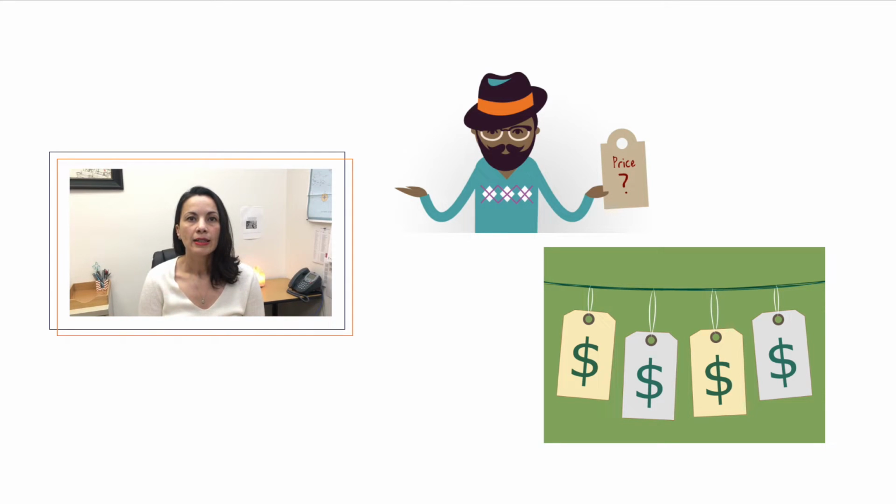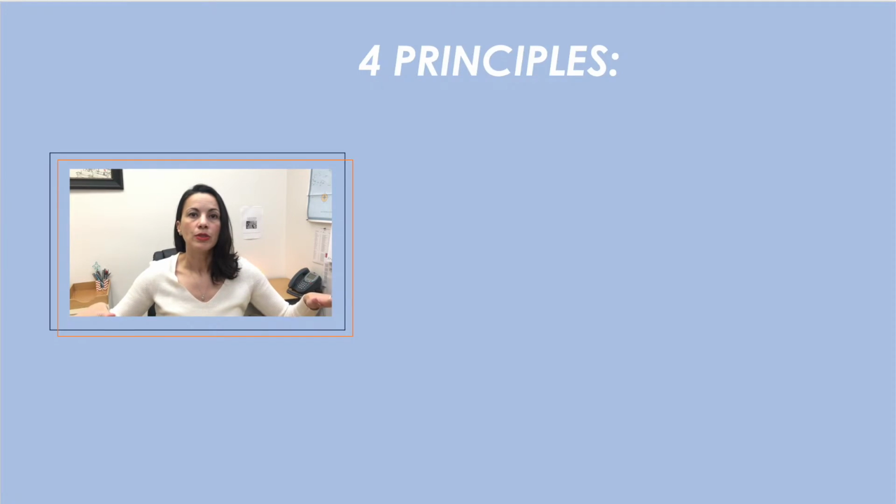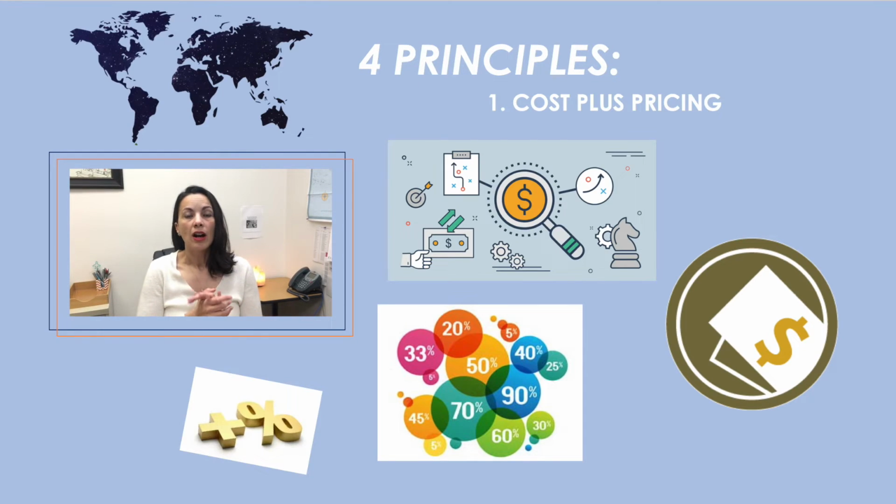And in the domestic market as well as in global markets, we have the basic principles, which are number one, cost plus pricing. And a lot of companies do that here in the US. And what that means is that you take a look at the cost for your product and then you add an additional percentage to that cost plus. Very basic, easiest way to do it, right?